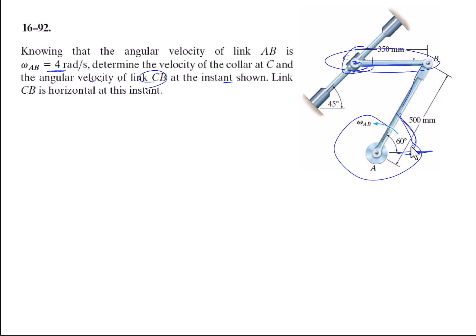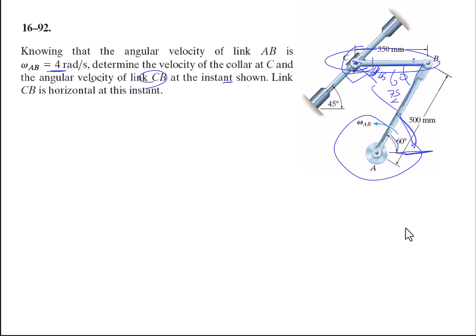Analyzing this geometry, we see that this is 60, this is 60, and this is perpendicular, 90. So this angle is 45, and 180 minus these gives 75.